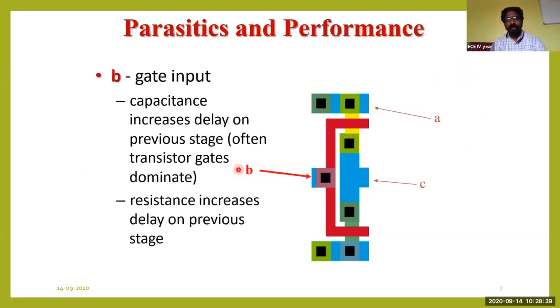The second kind of parameter is the parasitics that occur at the input part. At the gate input, the capacitance increases, and this capacitance will increase the delay. You are supposed to look into this capacitance.